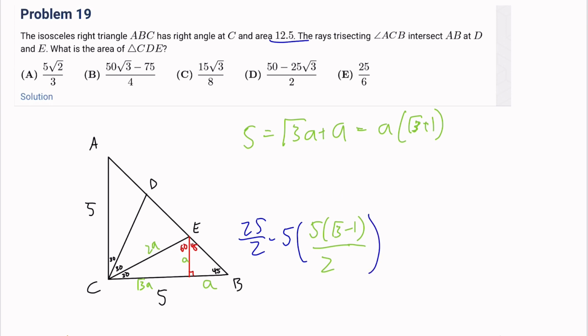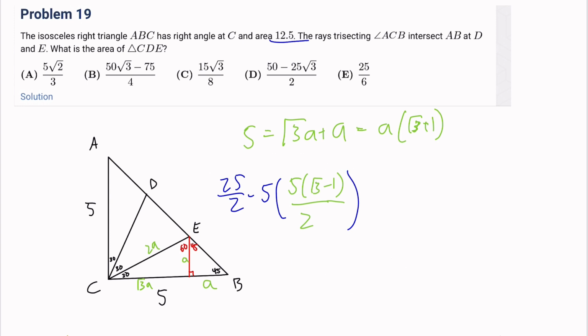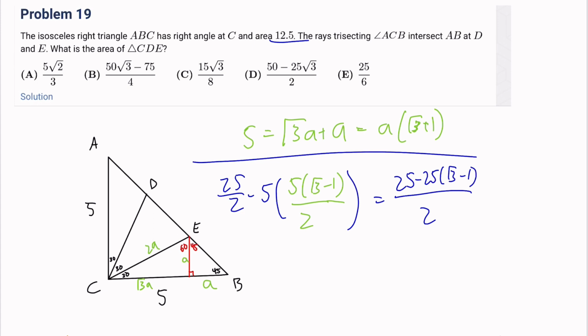So this would equal 25 minus 25 times root 3 minus 1, all over 2. And so this is 25 minus 25 root 3 plus 25 all over 2. This is 50 minus 25 root 3 over 2. So the answer is D.